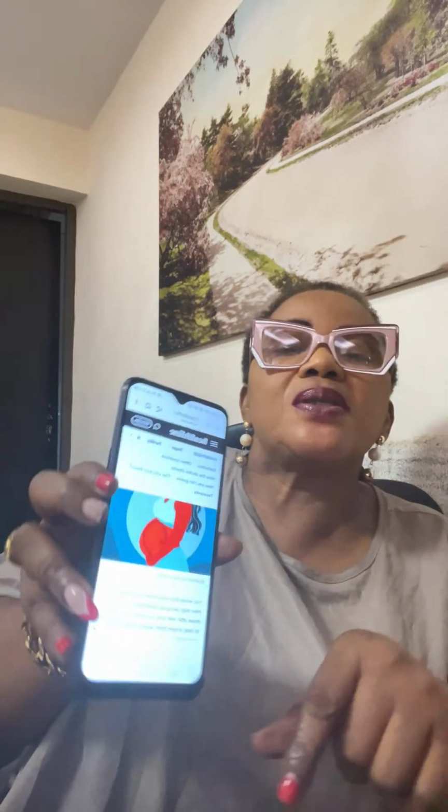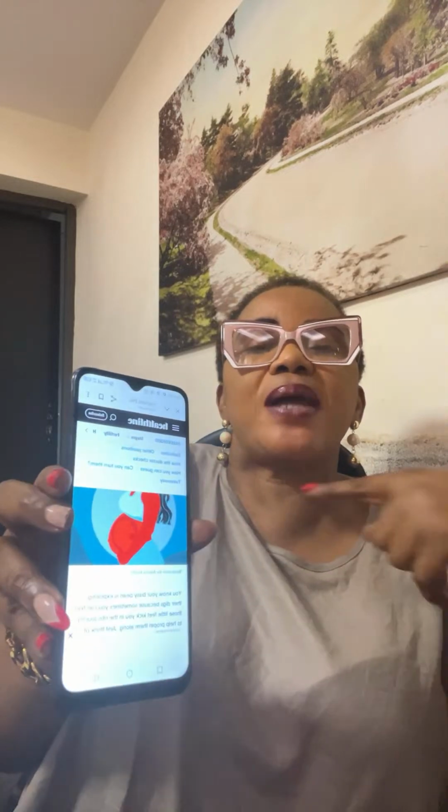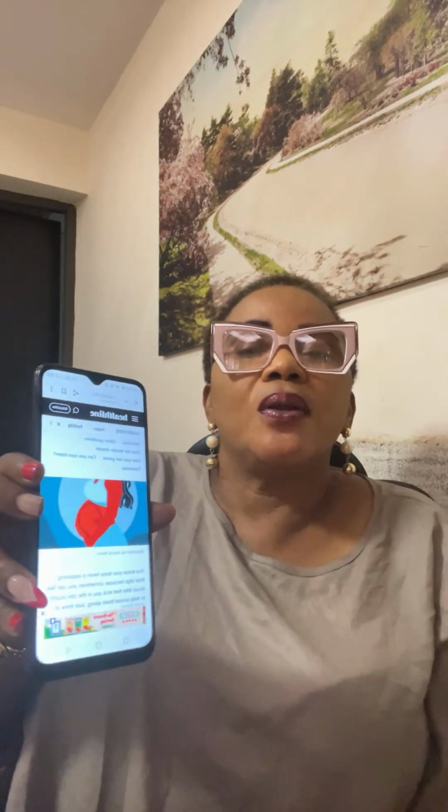If you look at this picture on my phone, you see that the baby's head is down, just like the way I explained with my doll, that the head will be down. It's in fact the commonest and the normal position for a baby to present. We call it the presenting part or presentation of the baby.